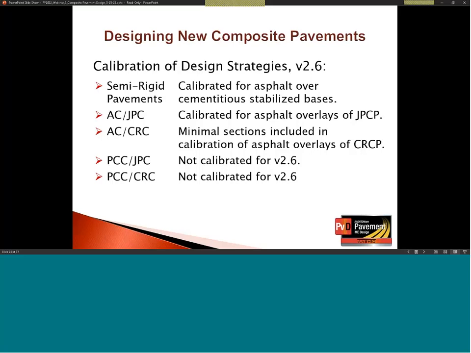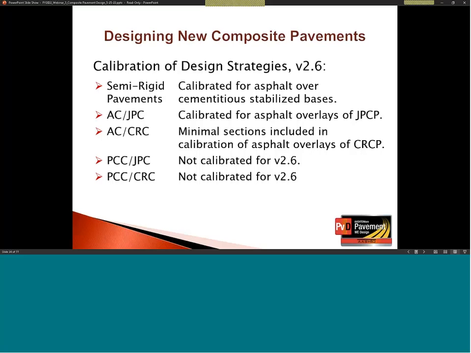For a new composite pavement in accordance with Volume 1 of the SHARP 2 report, AC over JPC, that design strategy was in fact calibrated for asphalt overlays of JPCP. The calibration, however, was where the JPCP pavement has been in place for some time.